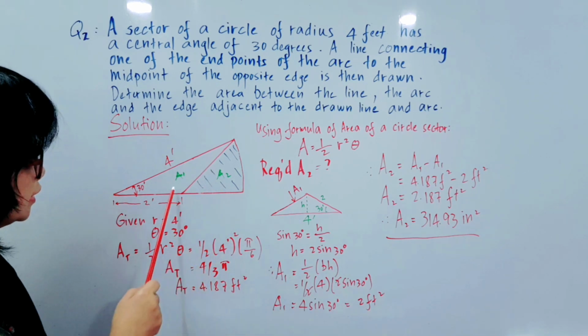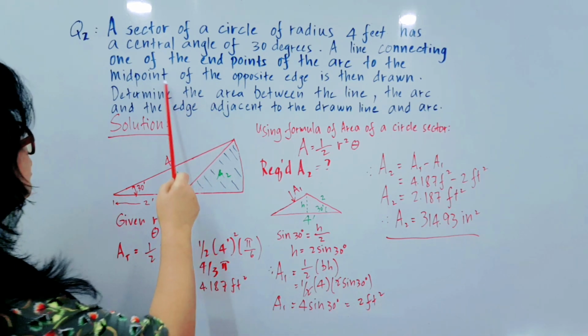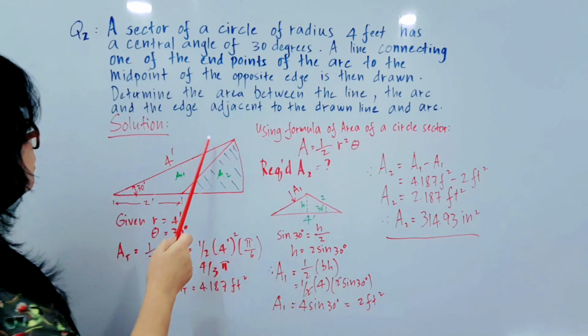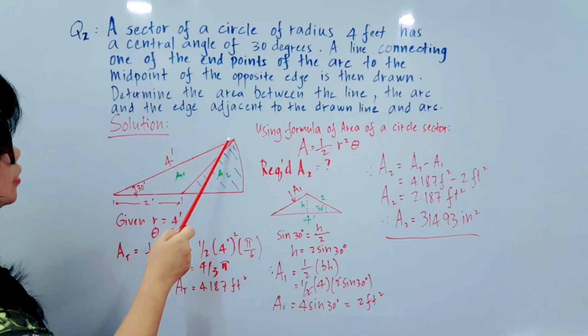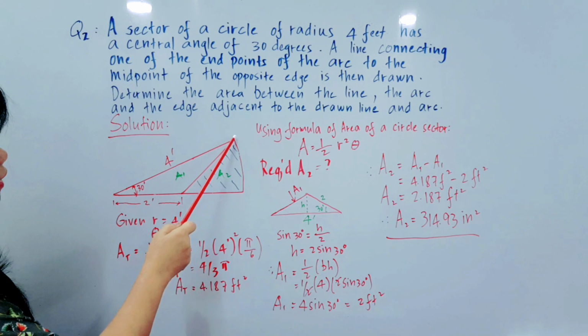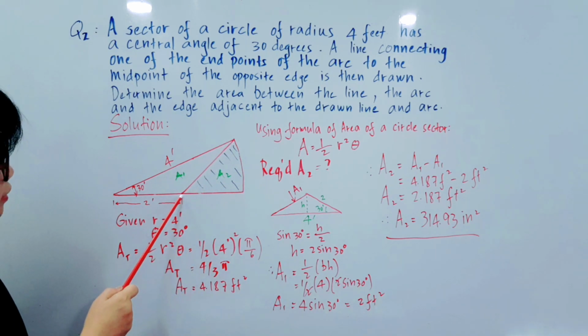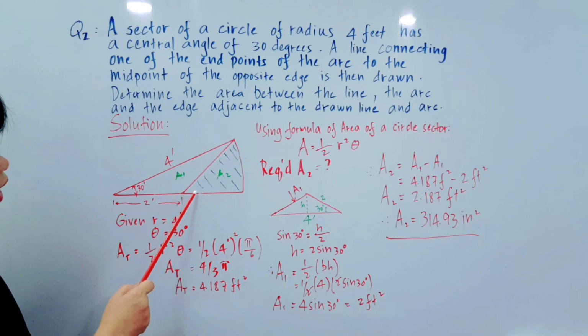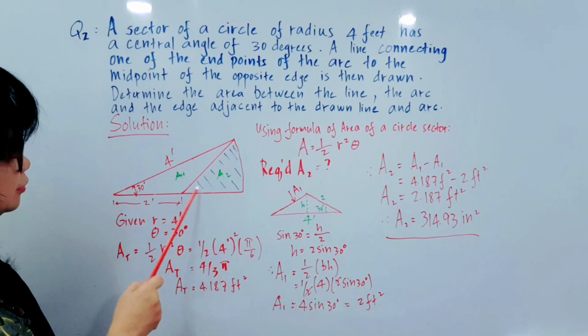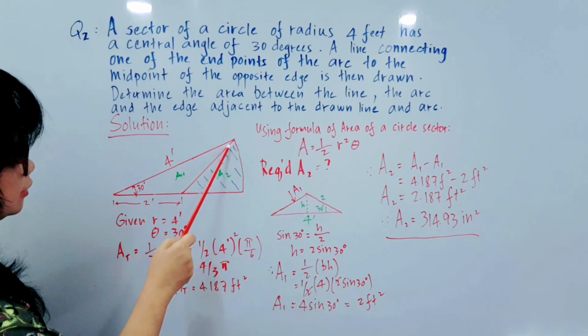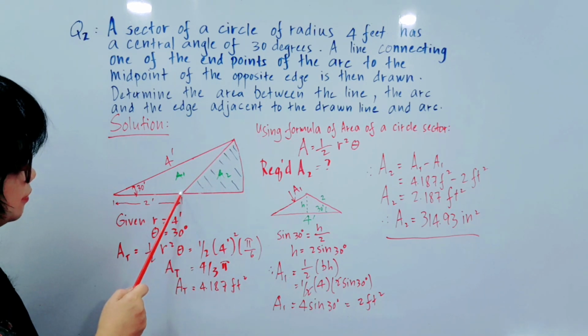So let us designate here, since it is written that a line connecting one of the endpoints of the arc, this is the arc, to the midpoint of the opposite edge is then drawn. So this line goes until the midpoint.